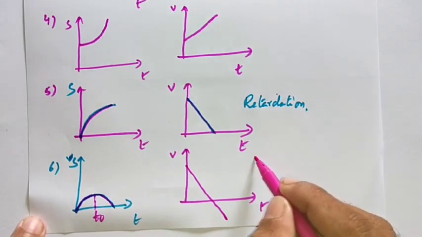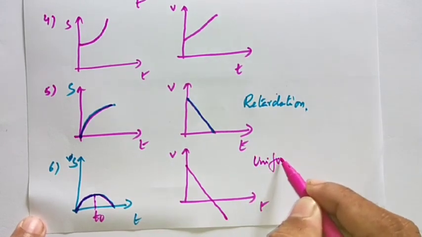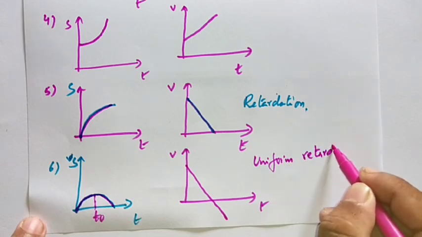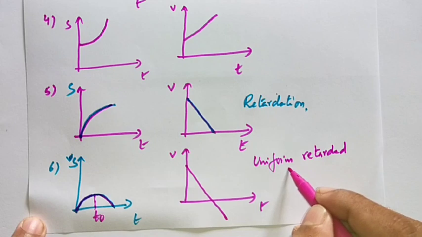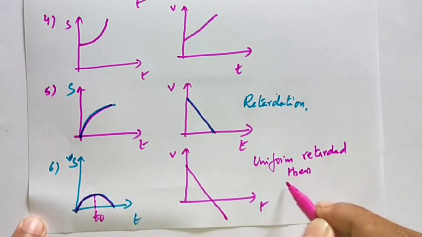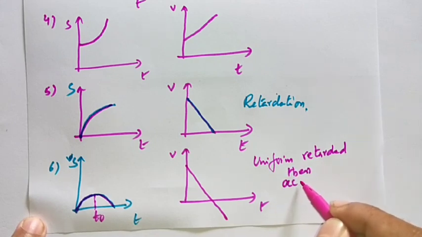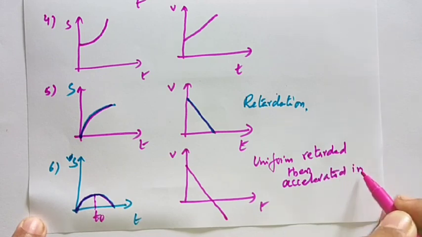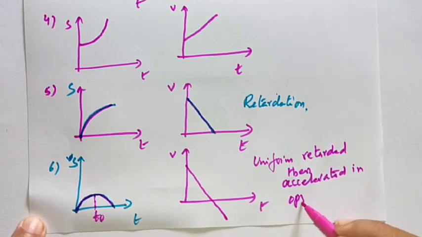First, uniformly retarded, then accelerated in opposite direction.